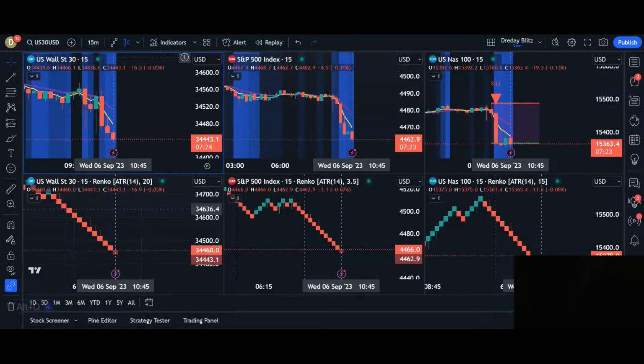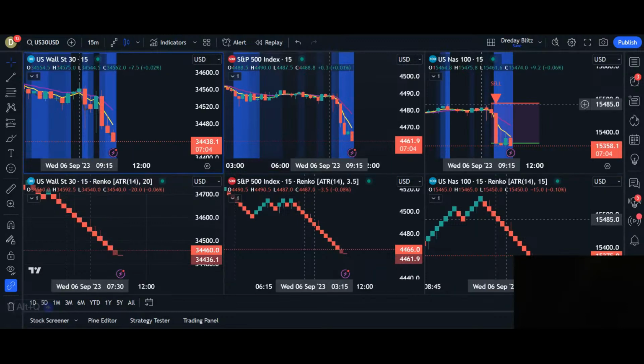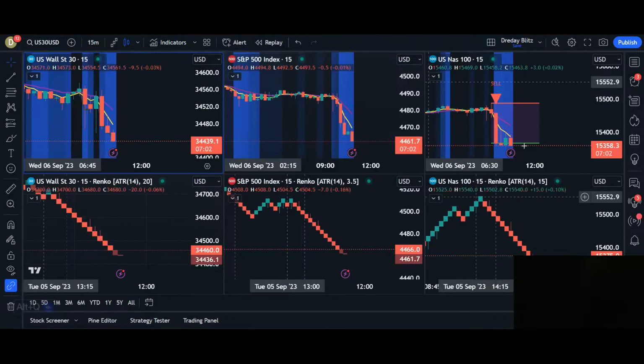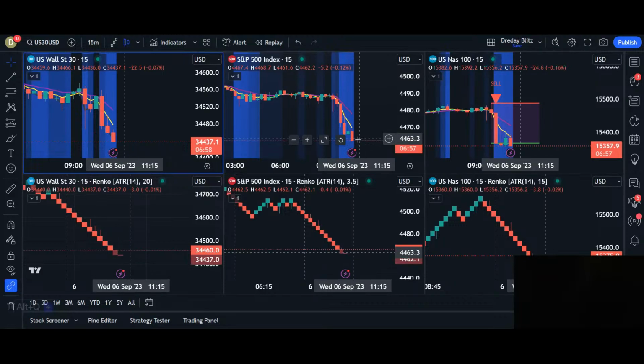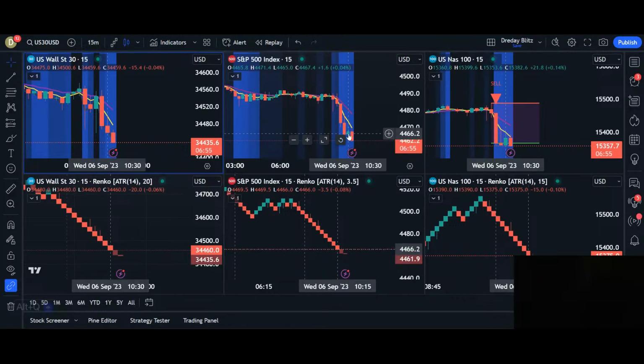Perfect. So still pushing down. So even S&P 500 is pushing down, and Nasdaq is still pushing down. That's really good. And like I said to you guys, sometimes they're going to try to trap you with an up movement before the continuation. So this candle right here was a fake out. Why?